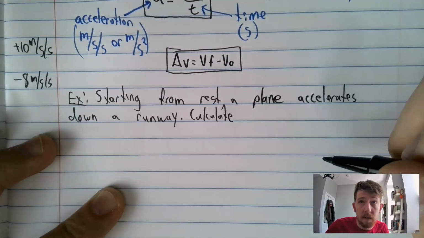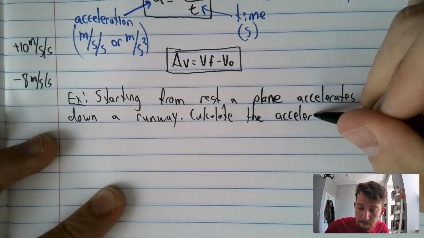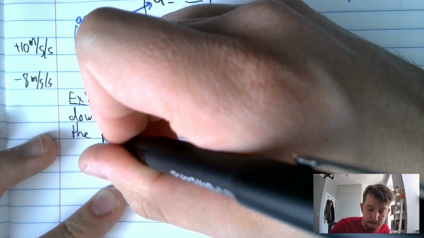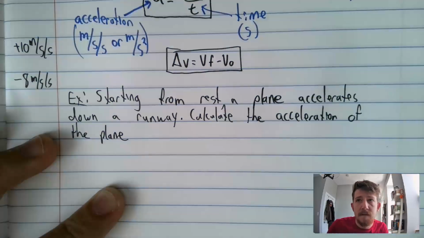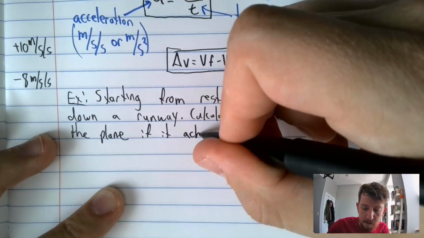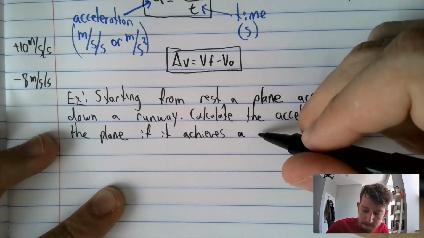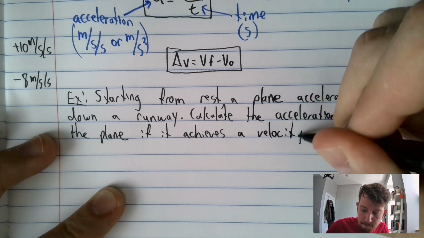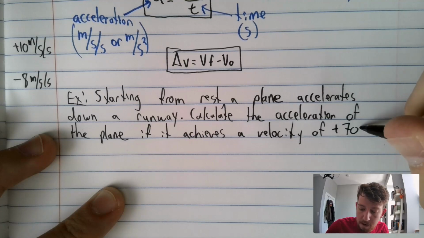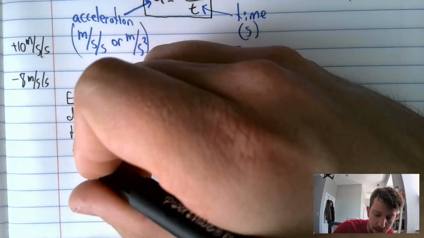Calculate the acceleration of the plane if it achieves a velocity of 70 meters per second after 29 seconds of motion.